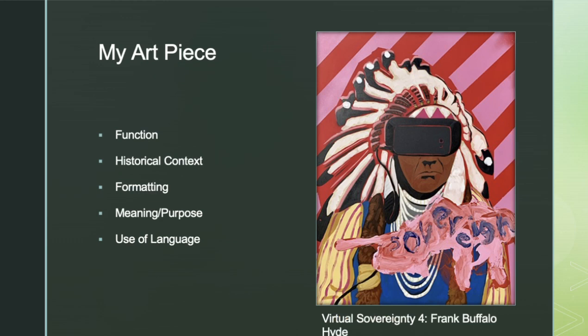And you can see that with the virtual reality goggles right in the face, just because they have had the non-native culture put right in their face, and then the unhappy expression on the person's face is also very powerful in that sense.